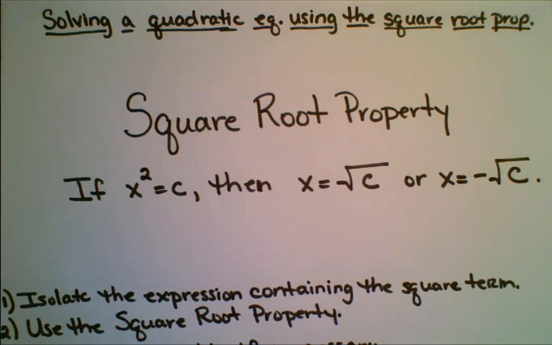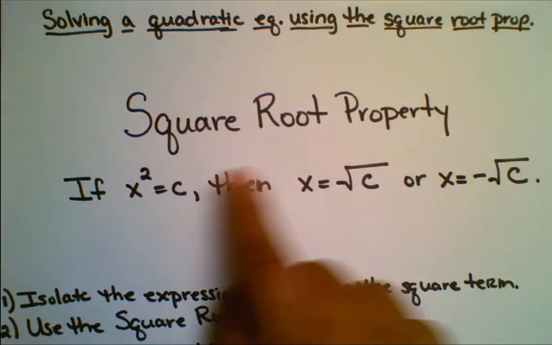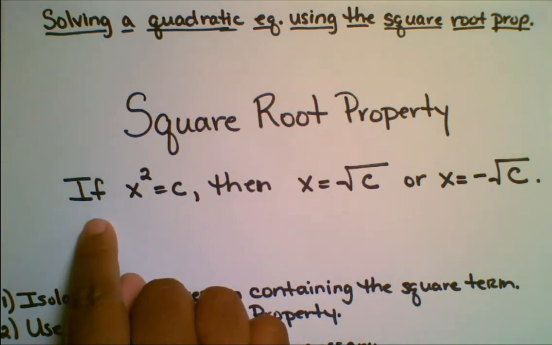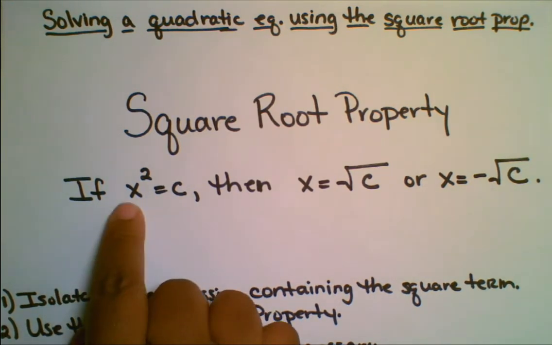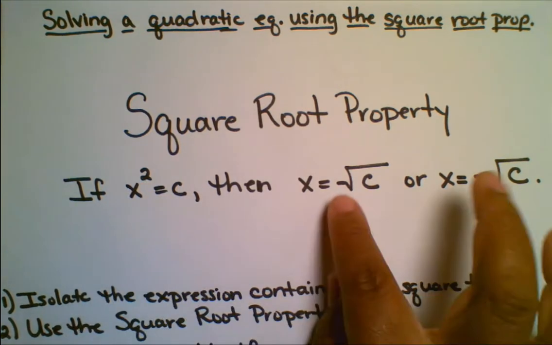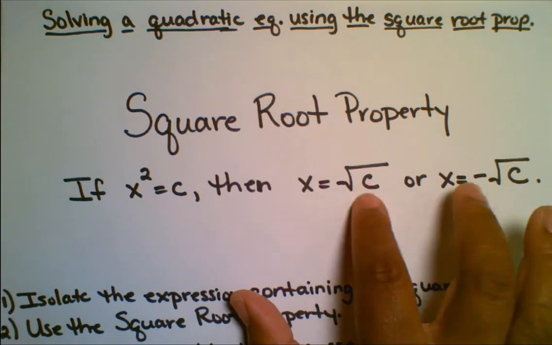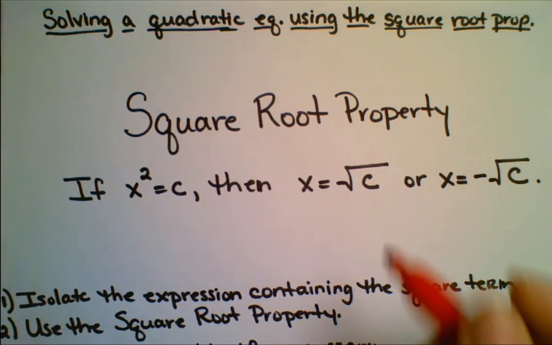It could be a power of 3, it can be a power of 2. Here it's going to be the power of 2. With the square root property, if you have an equation where it's raised to a power, you're going to end up with 2 answers, 2 solutions.